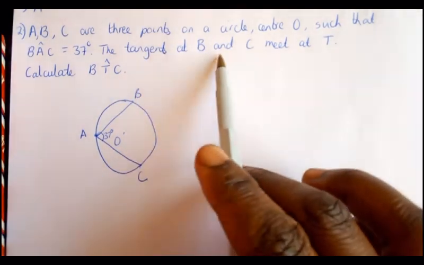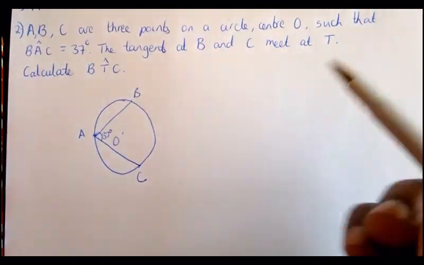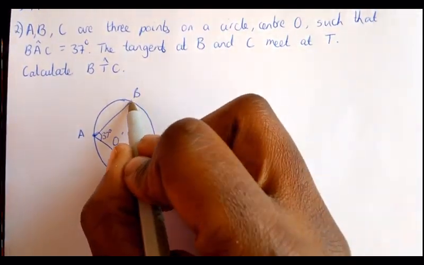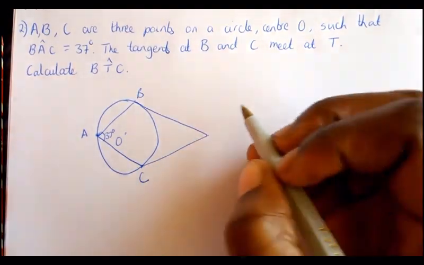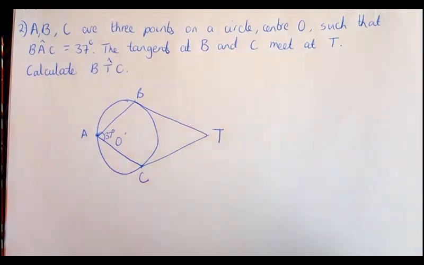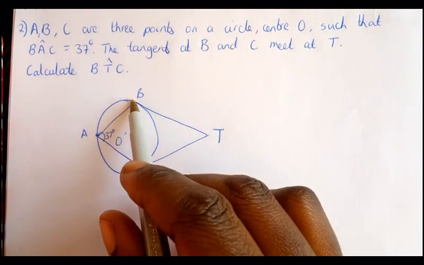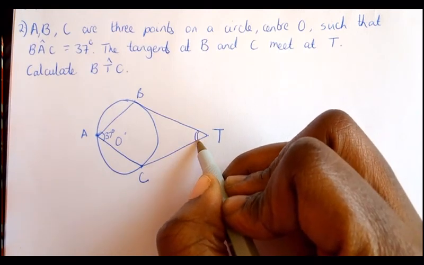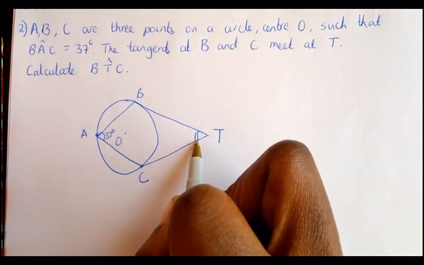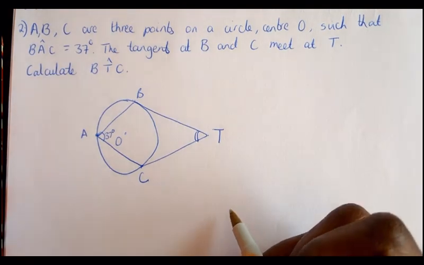The tangents at B and C meet at T. So we have a tangent from B and a tangent from C. They meet at T. Calculate angle BTC. We want to calculate this angle. This is the angle that we are looking for.